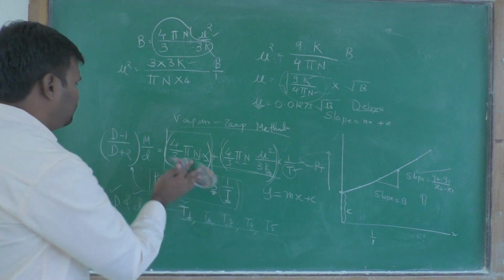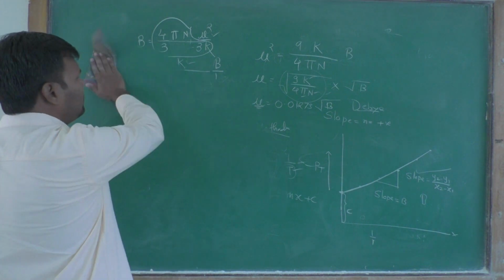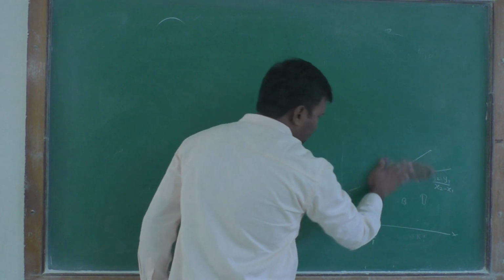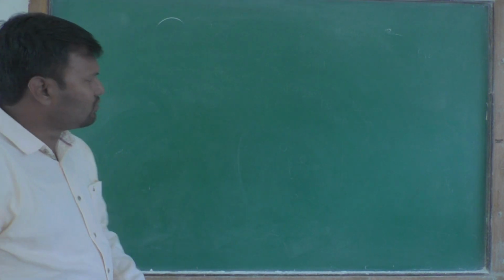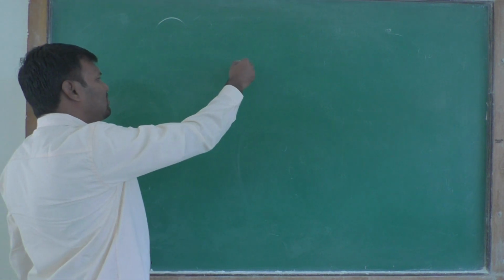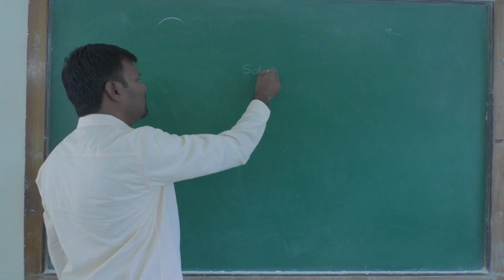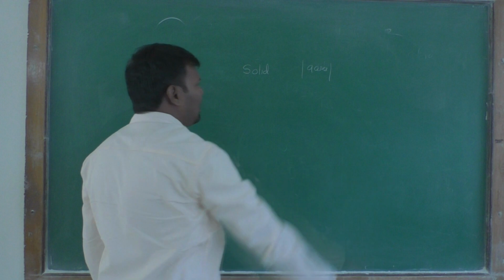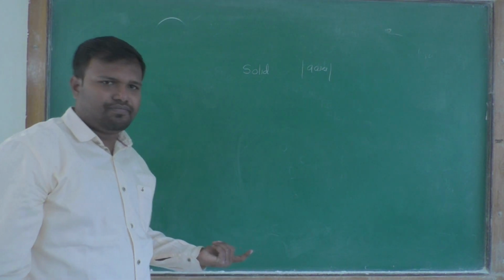Now the second method is the dilute solution method. In this method, if a gaseous substance is there, there is no problem. For gases we can directly find out the dielectric constant.